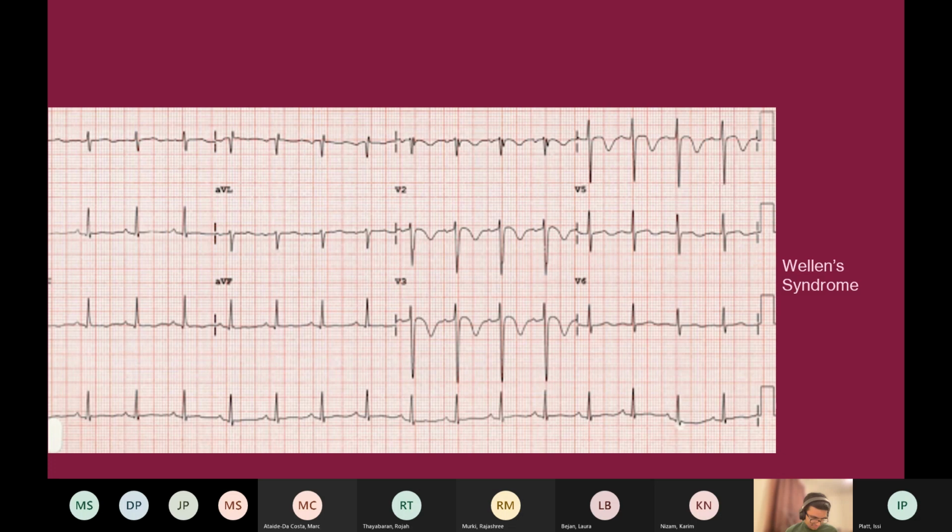Remember how before I was saying you can allow for some degree of T wave inversion in leads V1 to V3. These T waves are very deep, greater than 3 millimeters in depth, so you would consider them pathological. So Wellens syndrome: critical stenosis of the LAD, deep T wave inversion.